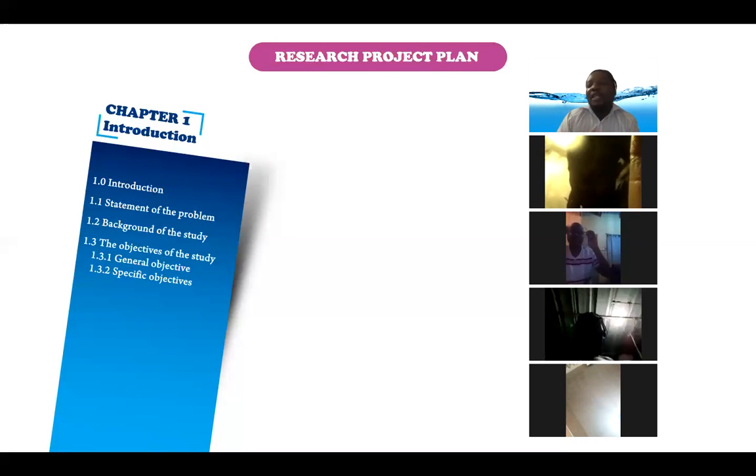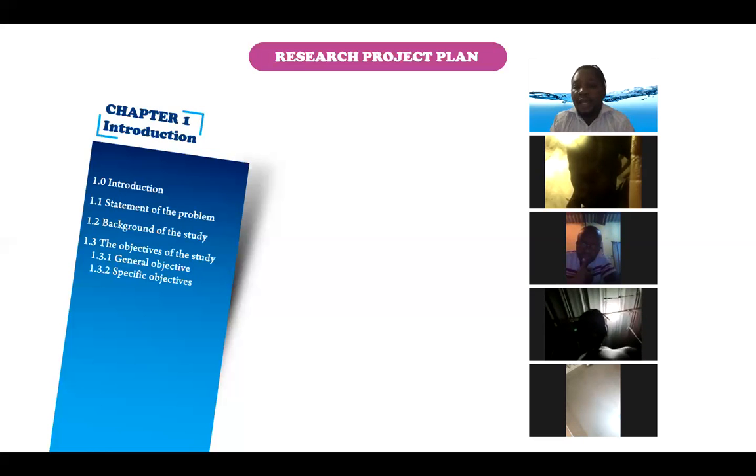And another objective maybe could be helping find strategies that could help parents in participating in their children's educational activities. For example, some parents will say, I cannot read, I cannot write, I did not go to school, so I don't know how to participate in my child's education.